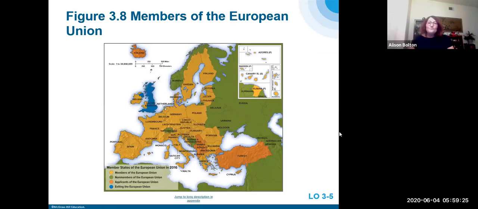Here it is. So the European Union itself, the EU, and this is actually good. This is current from 2016. And it's broken down here: members of the European Union, non-members, and then applicants, those interested in joining, and those exiting. So it talks about exiting, and that is United Kingdom and part of Ireland.